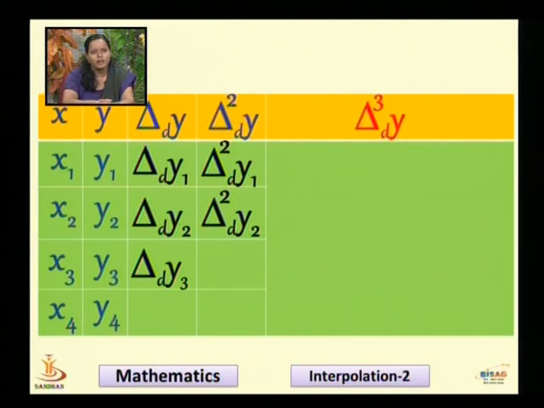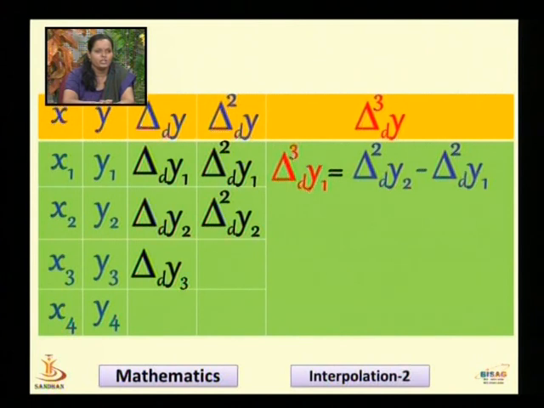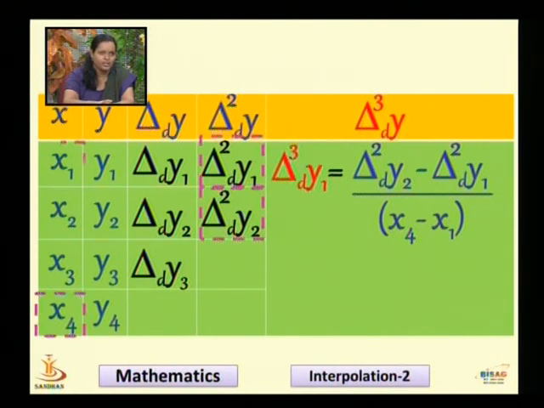The third order divided difference delta d cube at the first point y1 is equal to delta d square y2 minus delta d square y1 divided by x4 minus x1. Let's visualize it.